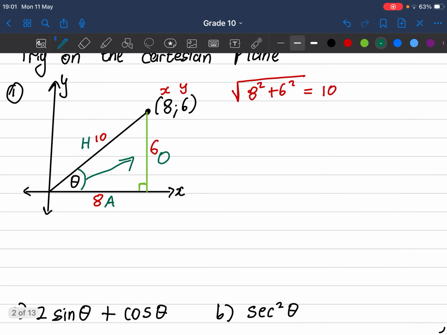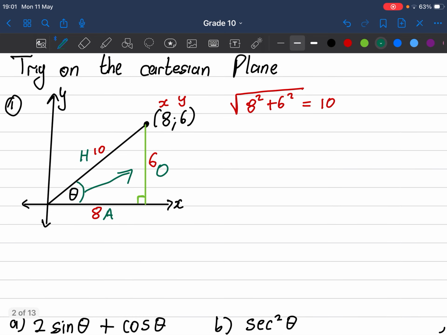Using that, we know the following. We have sine, cos, and tan, our three trig ratios. Sine theta is opposite over hypotenuse. Cos theta is adjacent over hypotenuse. And tan theta is opposite over adjacent.